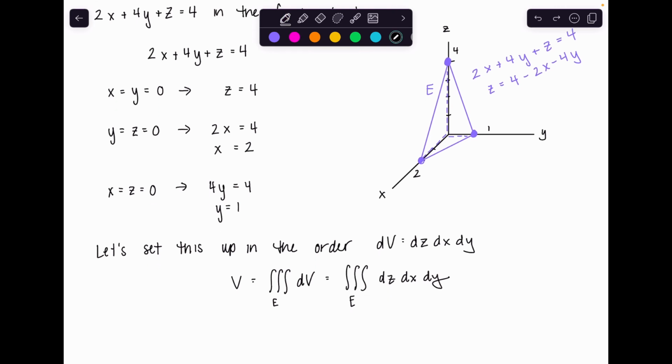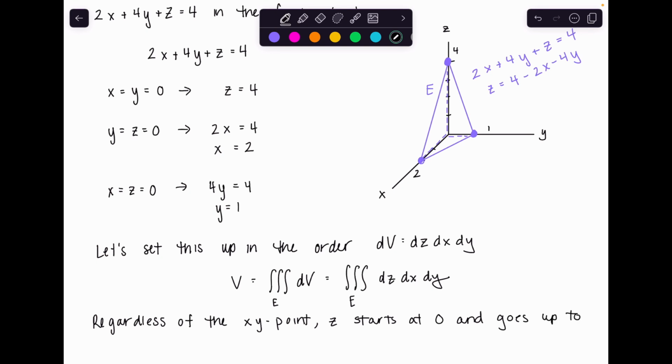So here, regardless of the xy point, z starts at 0 and goes up to the plane, which is the equation z equals 4 minus 2x minus 4y. So these will be the z bounds.